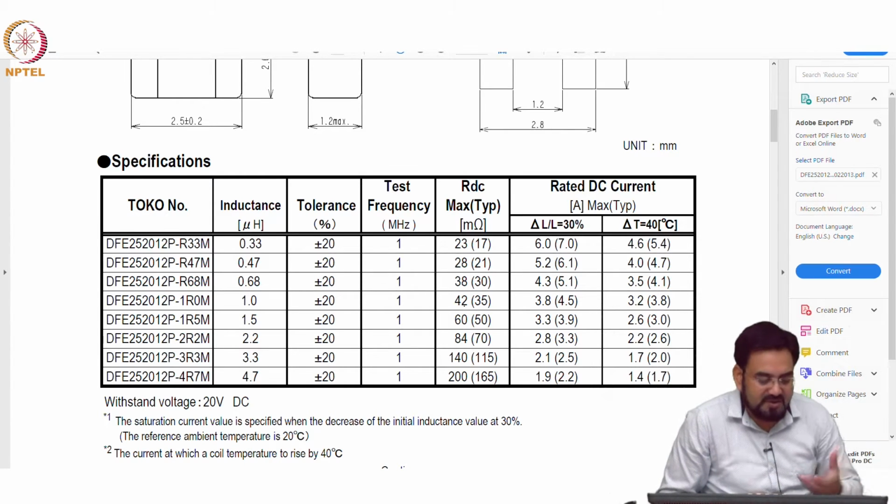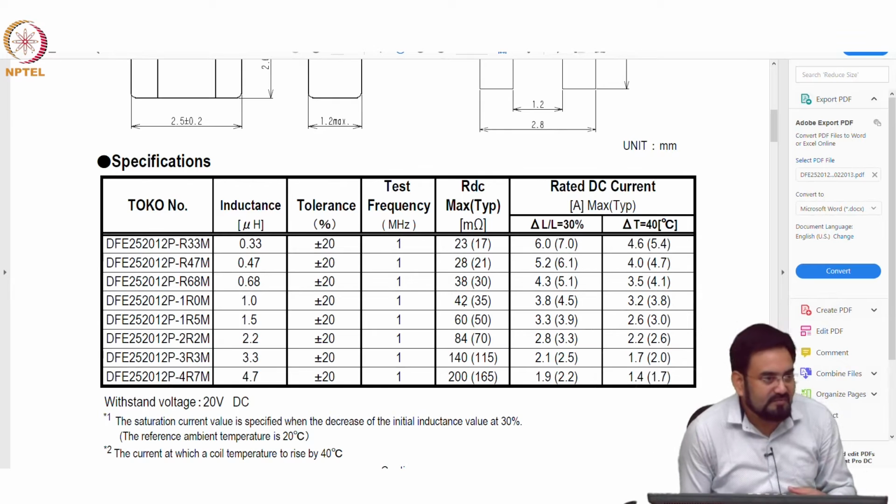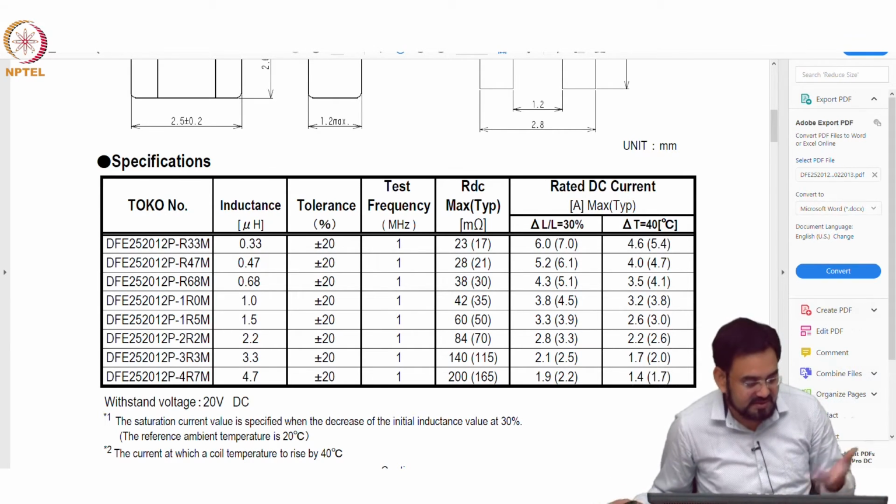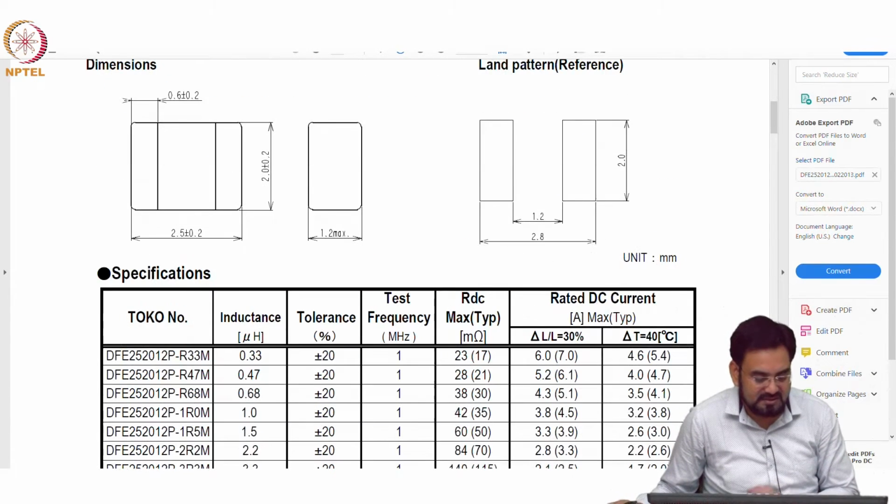So, you cannot put a very big inductor there. Okay. So, usually 2020, 2520 are the package sizes you use for cell phone applications.